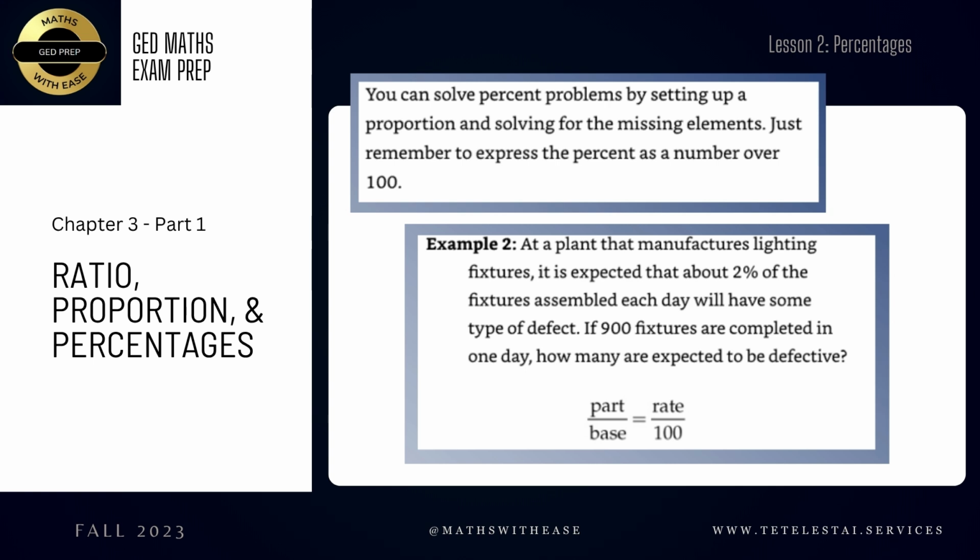Well, we're going to go back to our formula. We know that the part over the base equals the rate over 100, okay? Again, if it helps you, you can think of this in terms of tipping, because that's something that we do all the time. You go to a restaurant, you leave a tip, right? So you can think of the part as your tip. The base is the total cost of the food, and then that's equal to the rate.